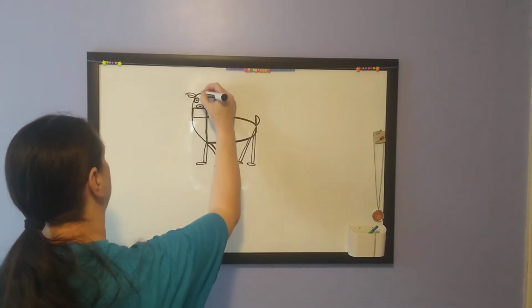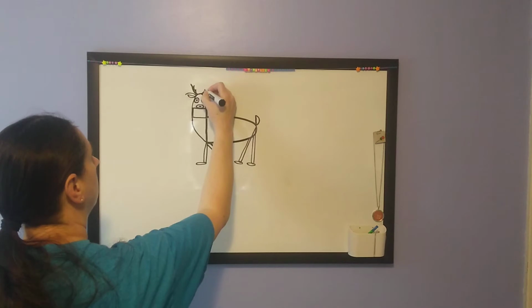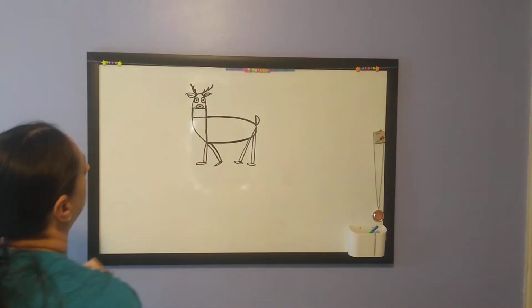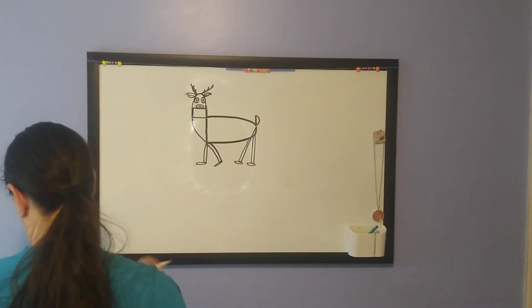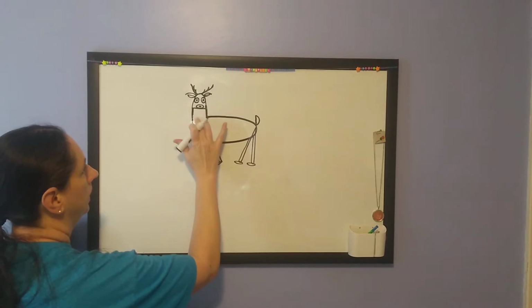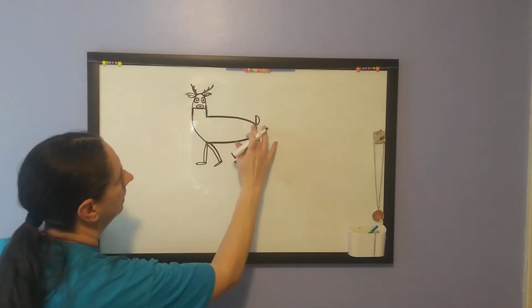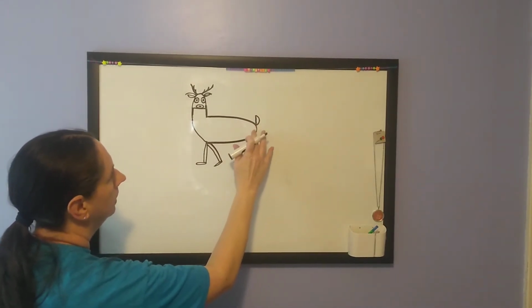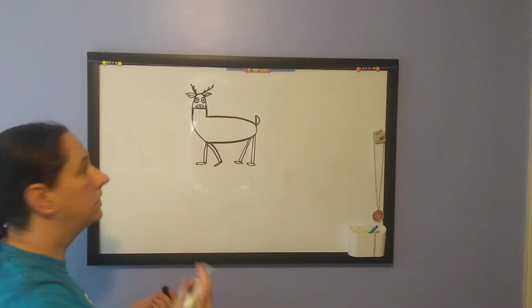We can even give him some antlers. And you can always go back and erase some of these lines that you've drawn in if you wanted to. If you don't want to, you can keep your lines there. But there you have your deer.